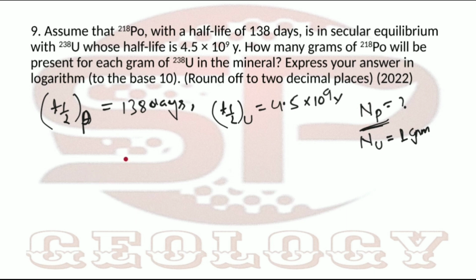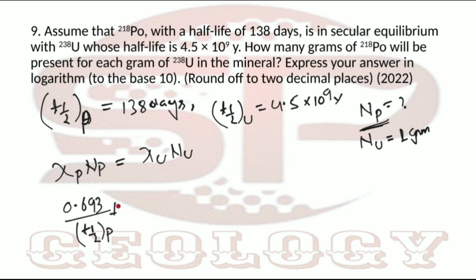So they are in secular equilibrium with each other. So you can write down the equation lambda P NP is equal to lambda U NU. Lambda P you can write down as 0.693 by T half P into NP. Then lambda U is 0.693 divided by T half U, and NU is given as 1.